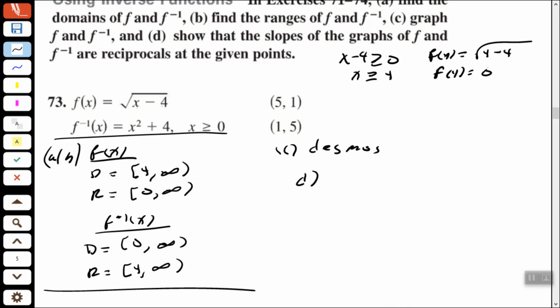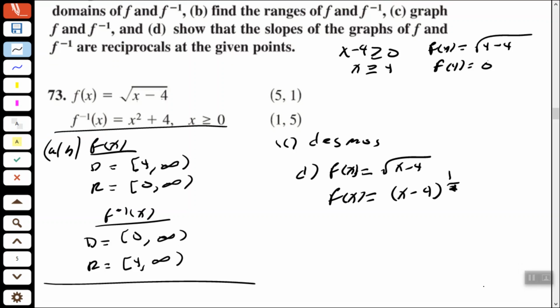To show that the slopes are reciprocals, we need to find the derivative of each one of those, because remember, your first derivative is the rate of change. f of x equals x minus 4 to the 1/2. Then use the power and chain rule.